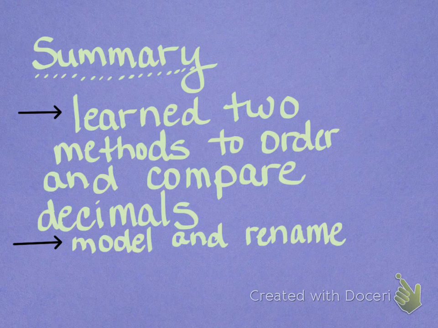You're not always going to have base 10 blocks that you can pull out, and it's going to take you a little bit longer to draw pictures. But it's up to you. You can use whichever method you're more comfortable with. But T-charts would be my first choice if it were me.